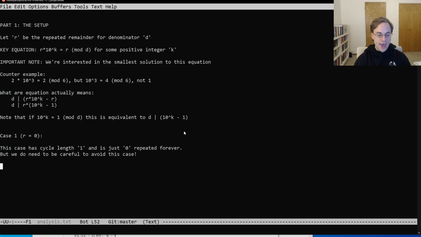So how do we do that? Well, in order for the remainder to be 0 at some point, you'll recall we're starting with 1, and we're repeatedly multiplying by 10, and then dividing by d. So in order for r equals 0, we have d divides 10 to the j for some positive integer j.